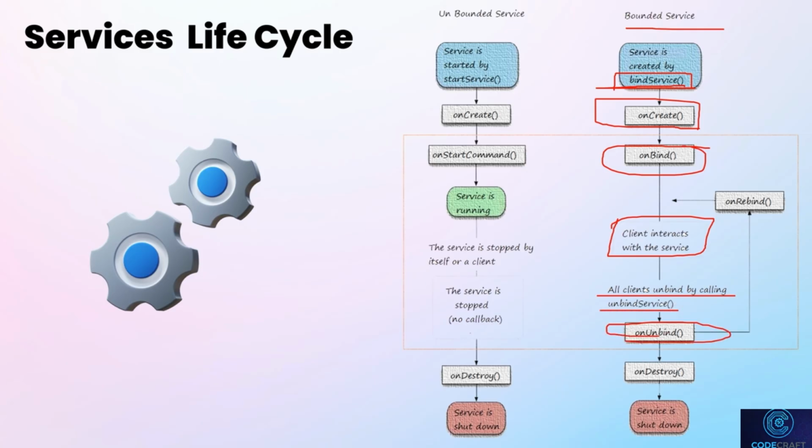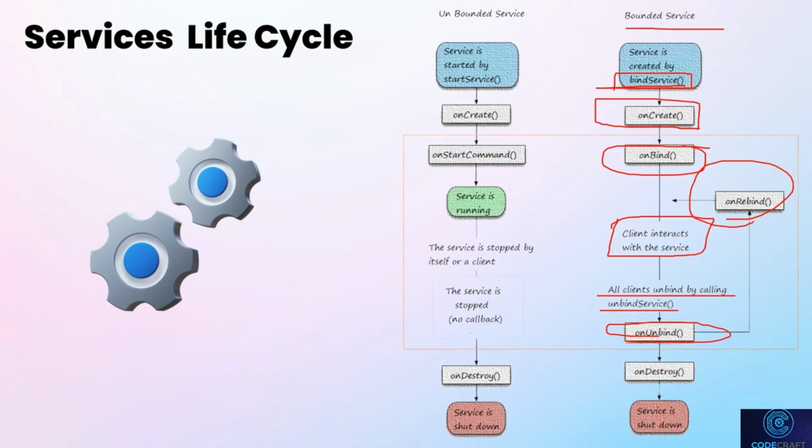The onUnbind method is called when all components have unbound from the service. You might return true here if you want the service to continue running even when no more components are bound. But typically, returning false leads to the service being destroyed when unbound. The onRebind method.